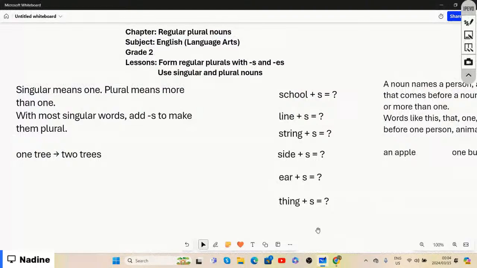All right. So singular means one. And plural means more than one, right? With most singular words, we just add S to make them plural.